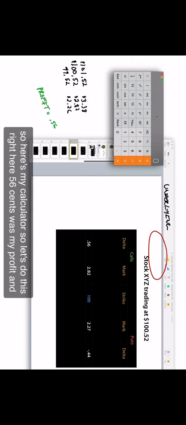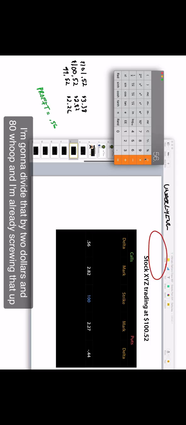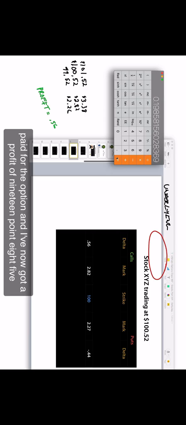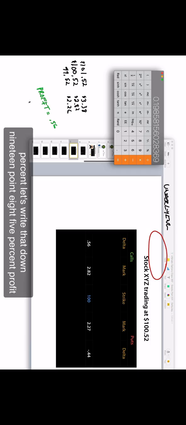So here's my calculator. 56 cents was my profit, and I'm going to divide that by $2.82 that I paid for the option, and I've now got a profit of 19.85%.